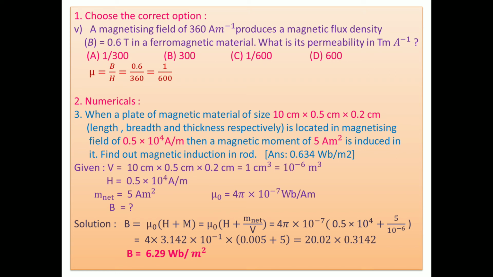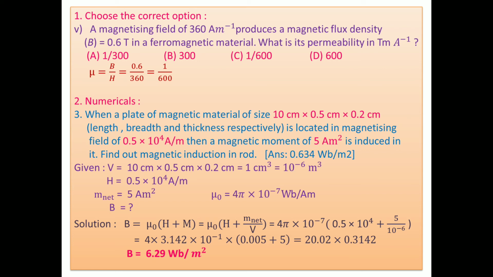The magnetizing field of 360 ampere per meter produces a magnetic flux density B equal to 0.6 T. The material is ferromagnetic. Actually, iron, nickel and cobalt are called ferromagnetic materials. They have a strong response to the magnetic field, so their susceptibility is very high.